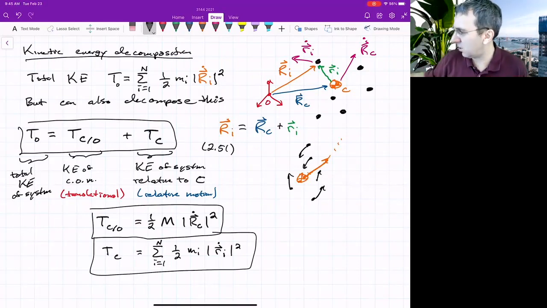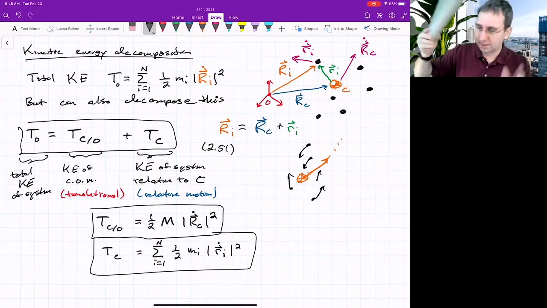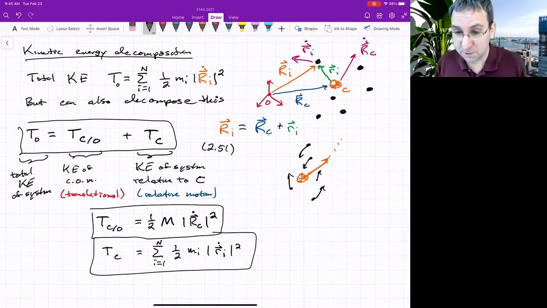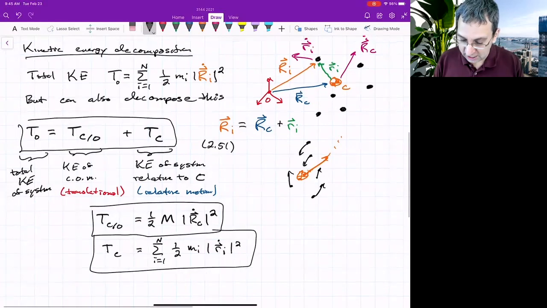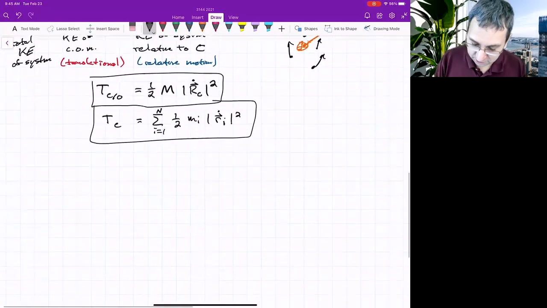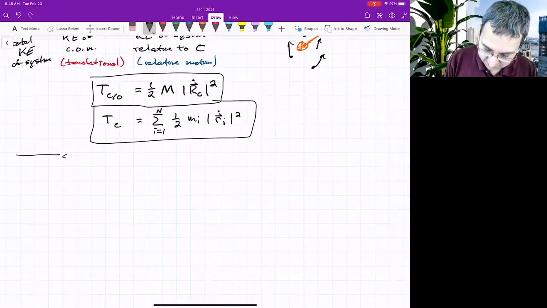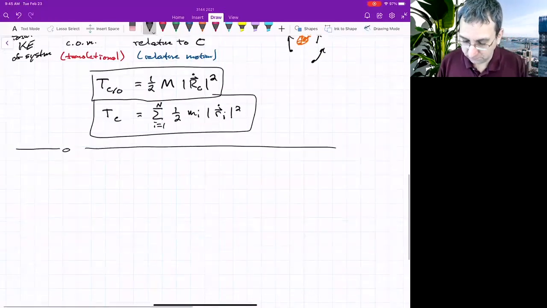You might say, oh, what about flexibility? Yeah, there's flexibility, but as a first approximation, let's assume that things are rigid. So we're going to impose rigidity and see how that affects these formulas and affects the dynamics.